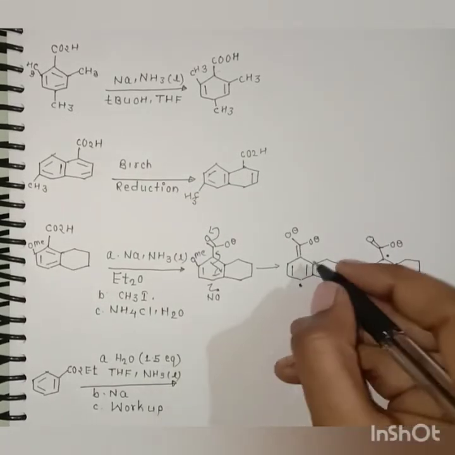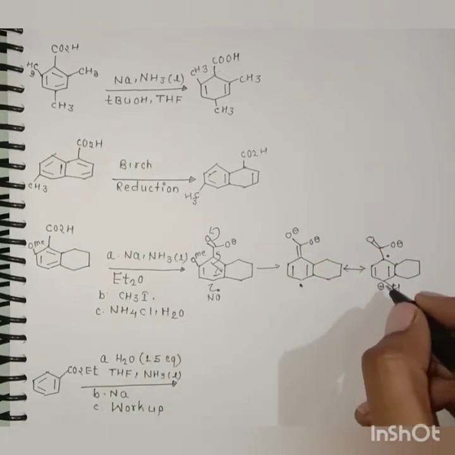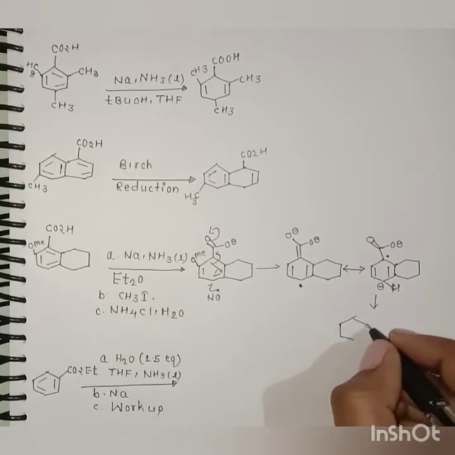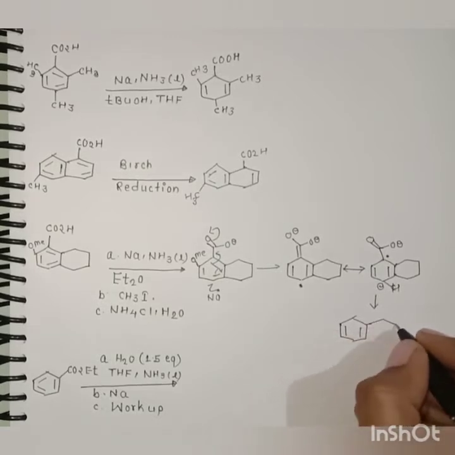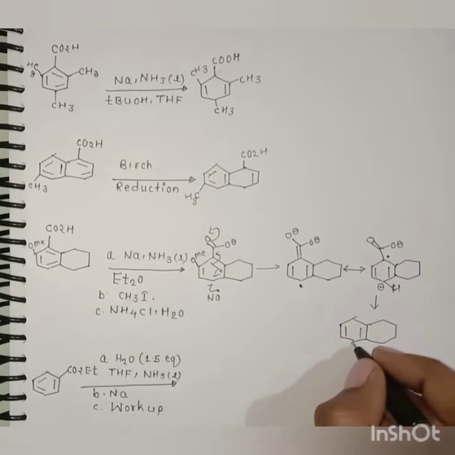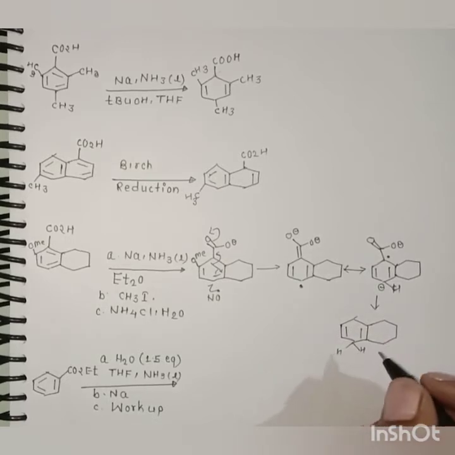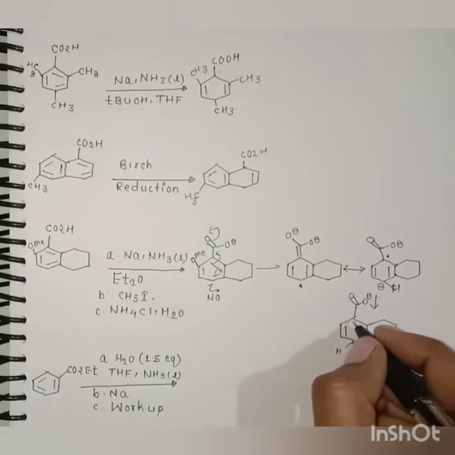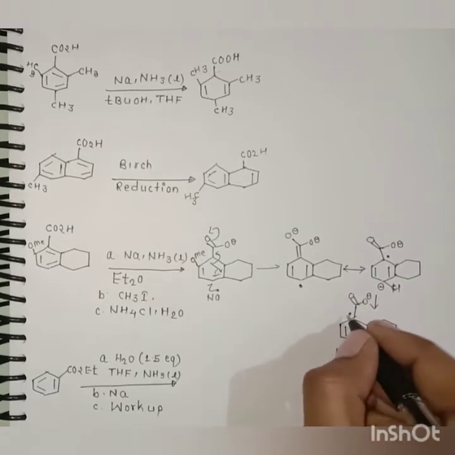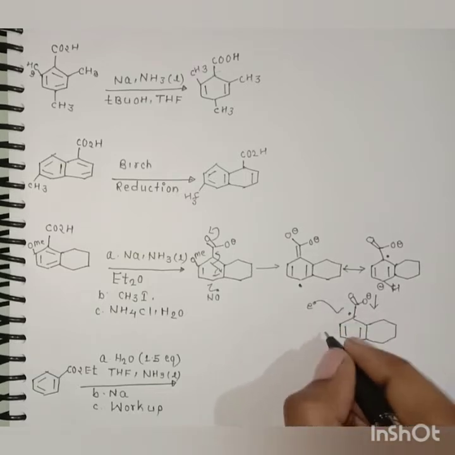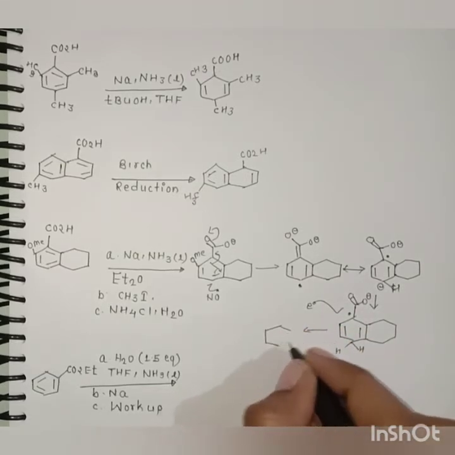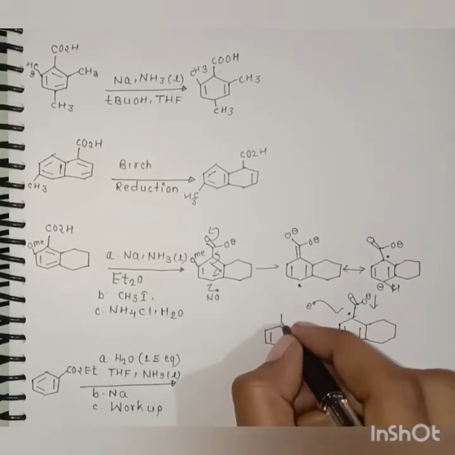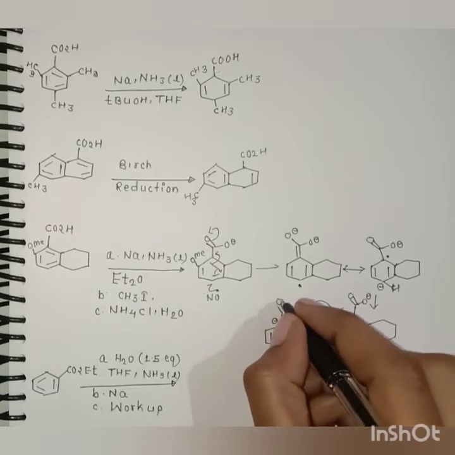Now what happens? This takes a proton and we get this system, and again the sodium donates an electron to form here negative charge.